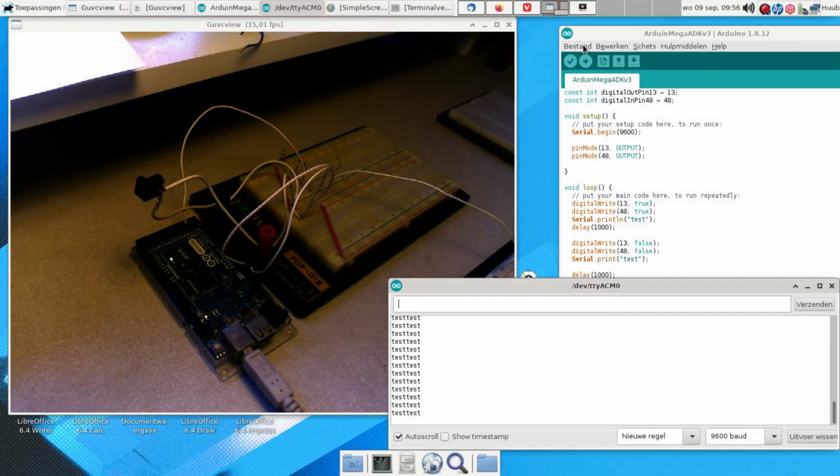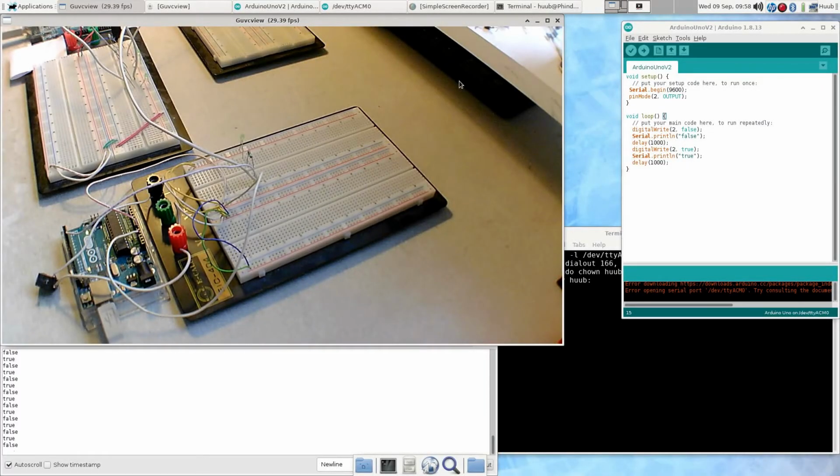No, this computer is set up in Dutch, my own language, but the code is the same. So anyway, this one is connected to the ADK. And finally, this computer is connected to the Uno. It's all running Linux. All three laptops are running Linux, Fedora Linux.